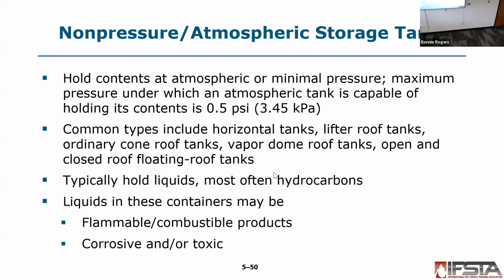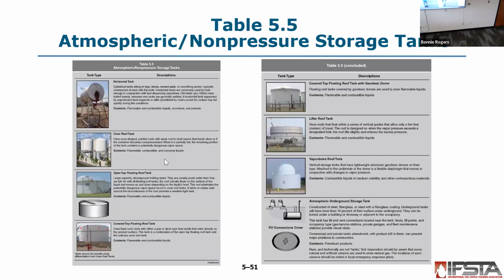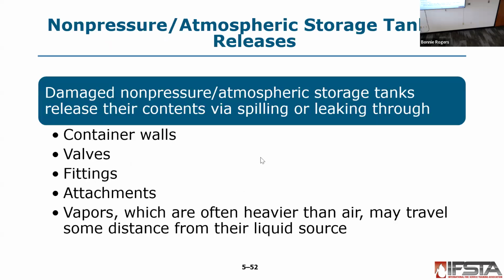They could be corrosive or toxic. Also in your book, pages 190, 191, be a good idea to look through those. I would imagine something will be on your test. If they're damaged, they're going to spill or leak through their walls, valves, fittings, attachments. Also know that your vapors may travel quite a ways.